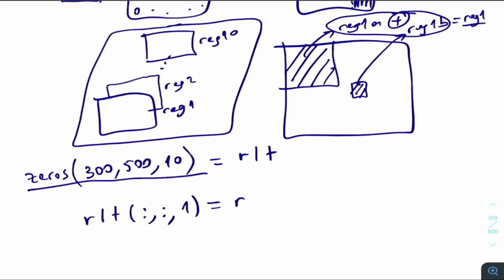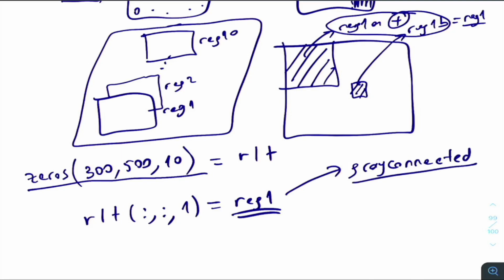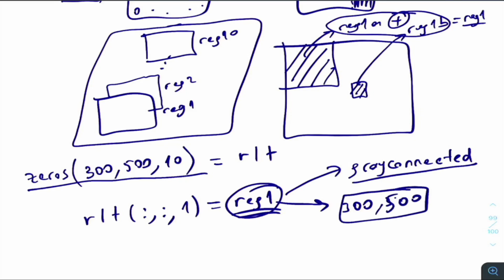Let's assume you just created reg1, through the gray connected function of MATLAB, and let's remind ourselves, this will be a 300 by 500 binary matrix.